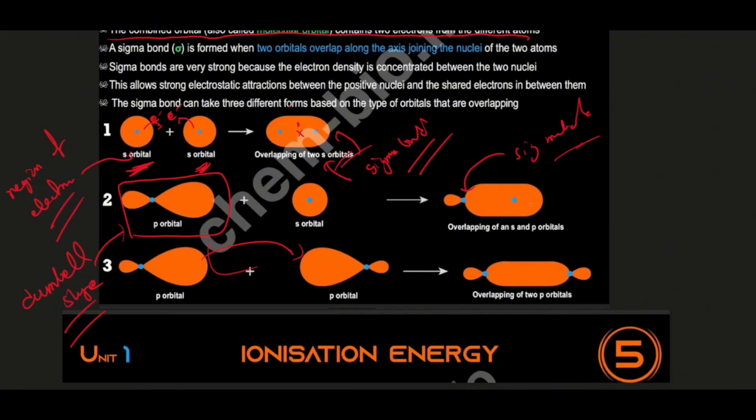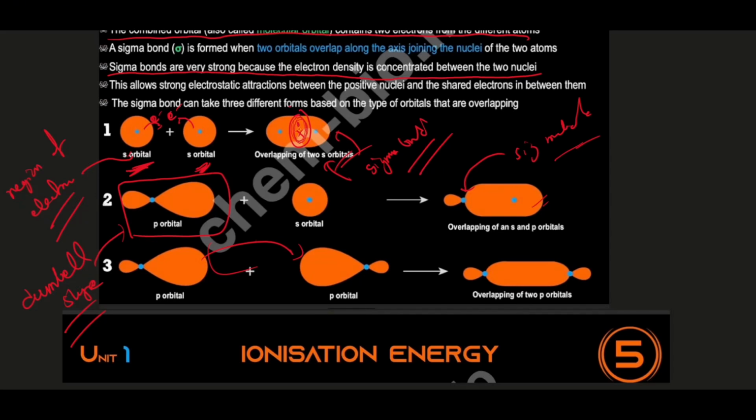You can check out here basically. Now remember one thing: sigma bonds are very strong because the electron density is concentrated between the two nuclei. What they're trying to say is that the electrons are concentrated in one region.